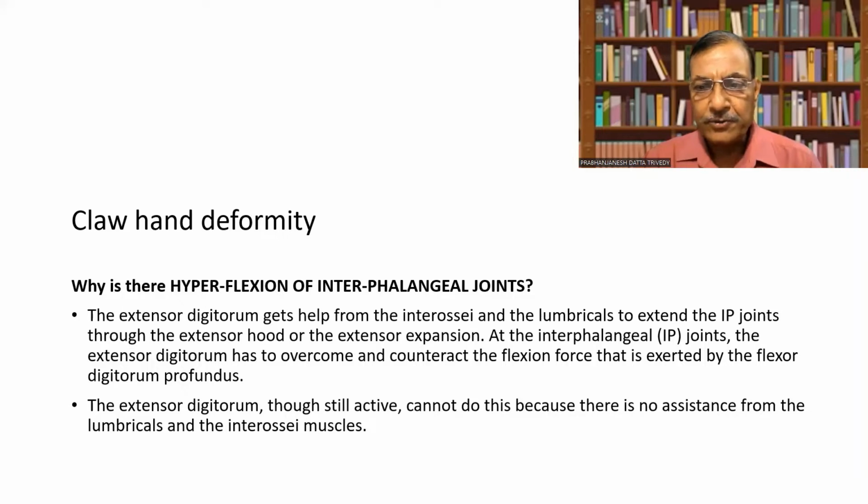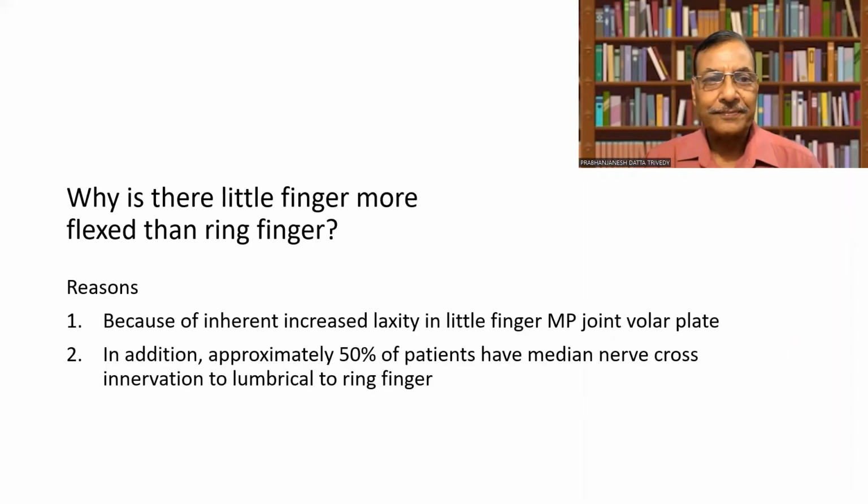At the interphalangeal joints, the extensor digitorum has to overcome and counteract the flexion force exerted by the flexor digitorum profundus. The extensor digitorum, though still active in ulnar nerve injury, cannot extend the interphalangeal joints because it is getting no assistance from the lumbricals and interossei muscles.